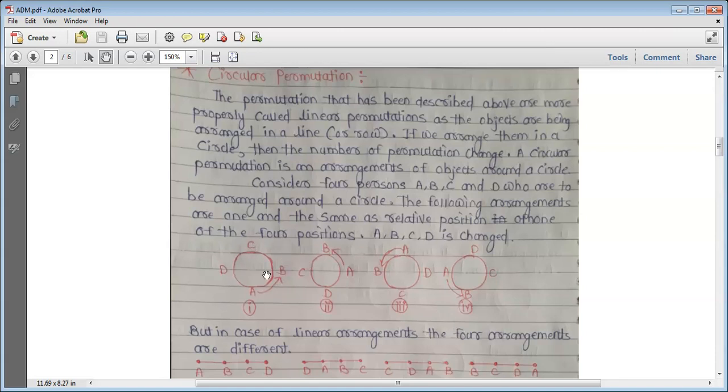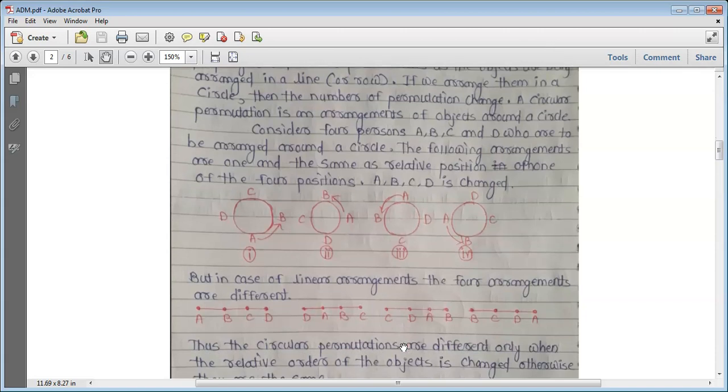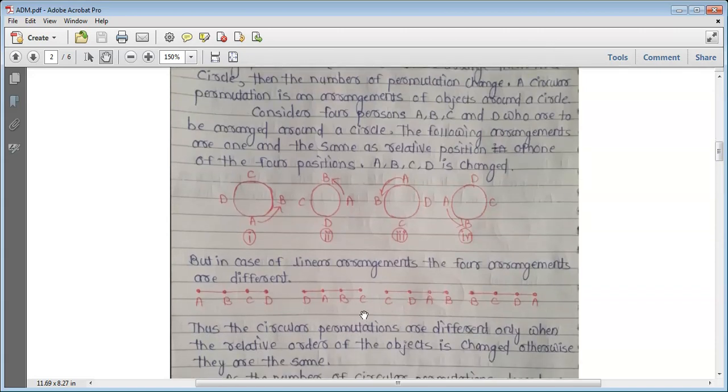Here also A, B, C, D. Here again A, B, C, D. In the third one also A, B, C, D. And the fourth one is also again A, B, C, D. Therefore, these four permutations are the same. But in the case of linear arrangement, these four permutations, that is ABCD, BCDA, CDAB, and DABC, are different. In linear permutations, these are different, but in circular permutation, these are the same.